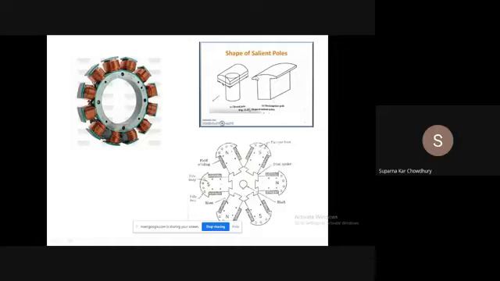This will be a typical pole lamination, which are assembled together and bolted to make the pole structure, and which is attached to the spider by this key, you can see. And here we have the shaft hole, because that mechanical problem is not here.